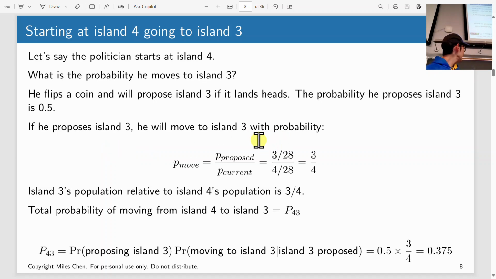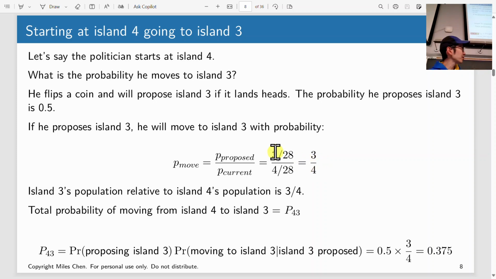So the probability that he goes to island 3 is the population of the proposed island divided by the population of the current island. So we do 3 divided by 4. And so we only go there 3/4 of the time it gets proposed.